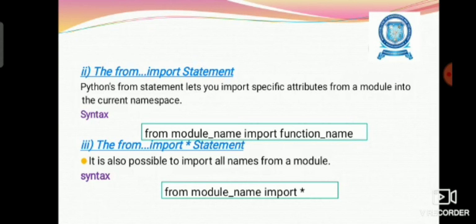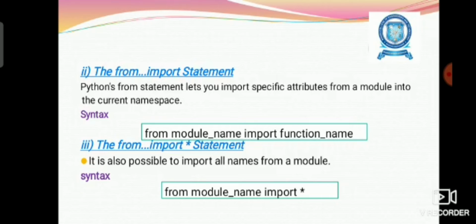So all of you look at the syntax. From module name import function name. So here we can specify the particular function name. Only we want this function from the module. So specifically by using the from statement, we can access the functions from the particular module.